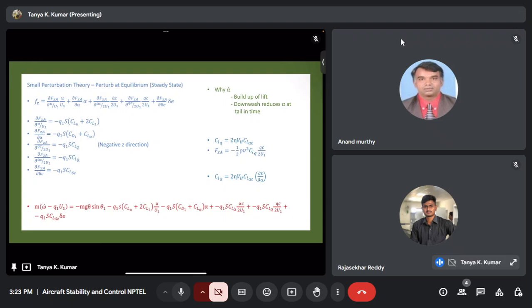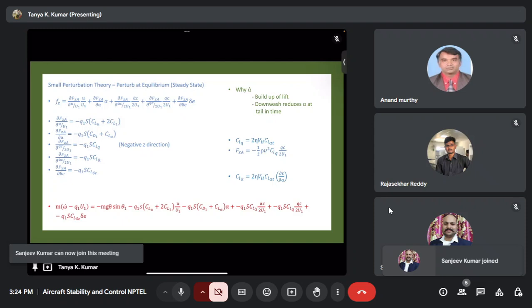So there is the rate of change of angle of attack, which is why you have an alpha dot. Another reason is that downwash reduces alpha at the tail. So there is a change in the angle of attack with time due to both build-up of lift and due to downwash. That is why we have an alpha dot and q. We have both of them. It's not just q.